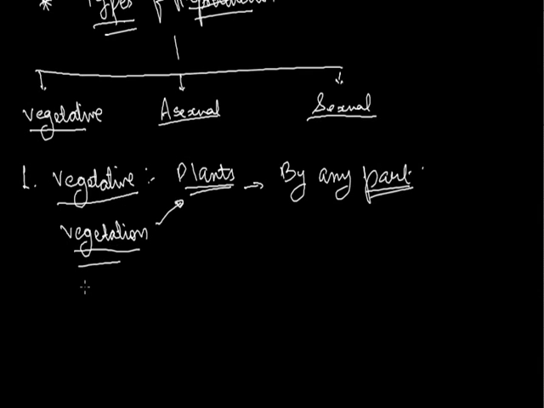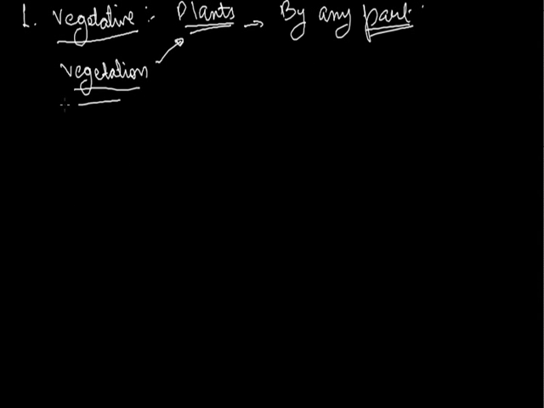Now we'll see one by one the types of vegetative reproduction. First one is reproduction by roots. In this we'll understand that roots of some plants produce another plant which is similar in structure and similar in function. That is known as vegetative reproduction by roots.